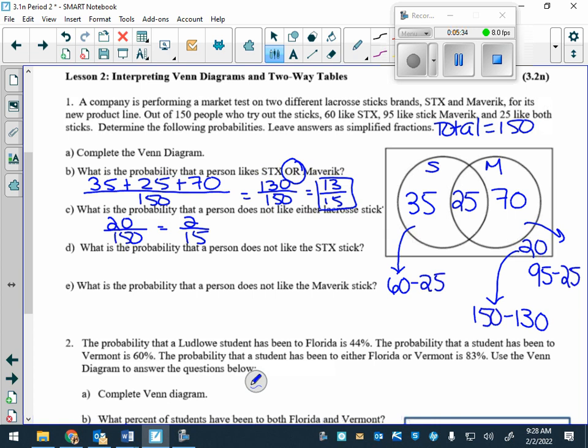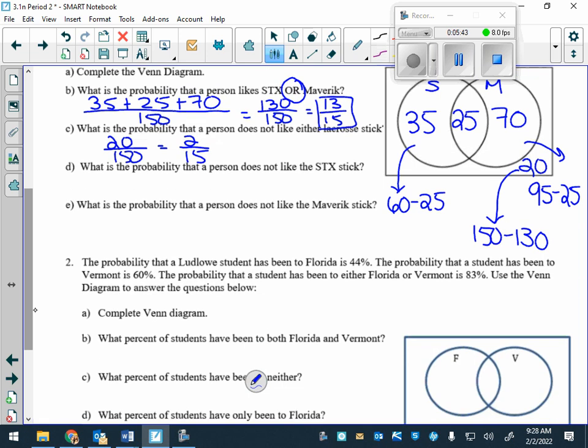Charlie? Perfect. So we're adding who does not like. So we have 70 plus 20 over 150. So 90 over 150. What does that reduce to? Okay. 3 over 5. Good.